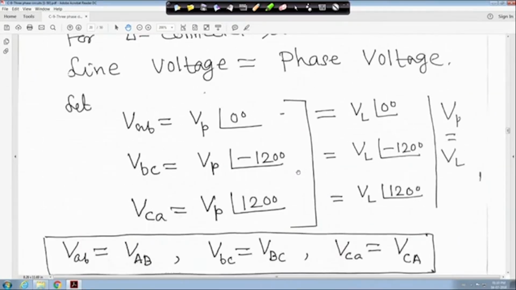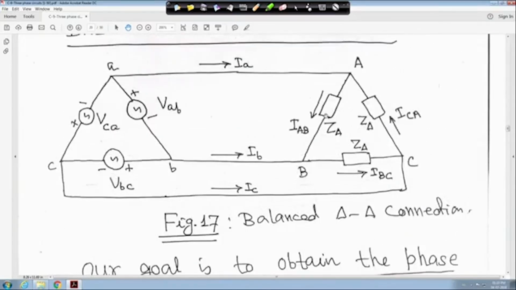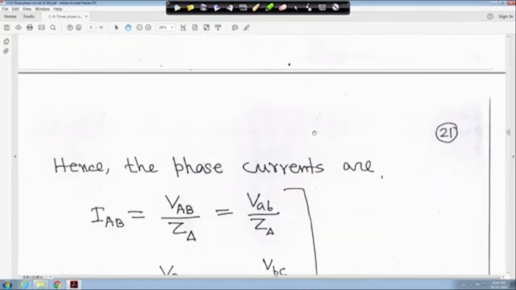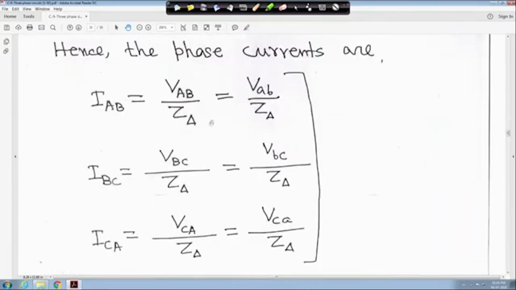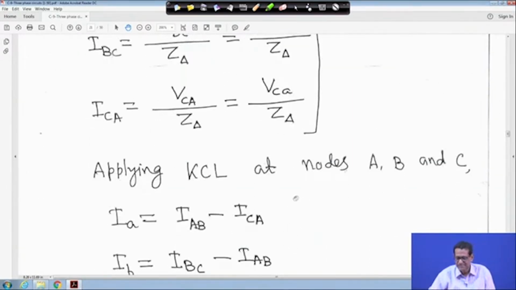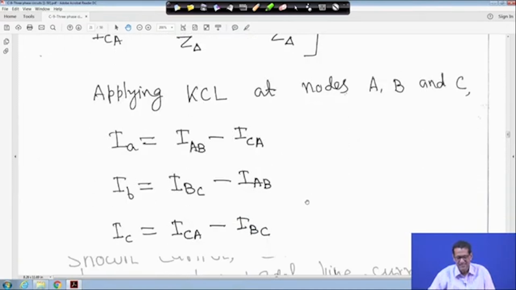If you come to this circuit, IAB is equal to VAB upon Z delta. Similarly, IBC is VBC upon Z delta, and ICA is equal to VCA upon Z delta, right.